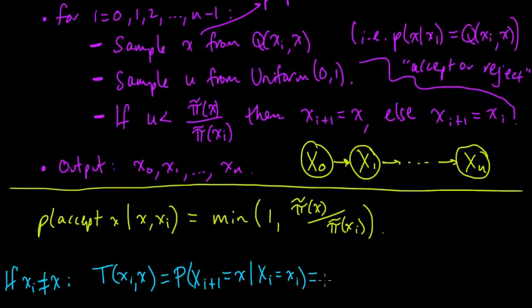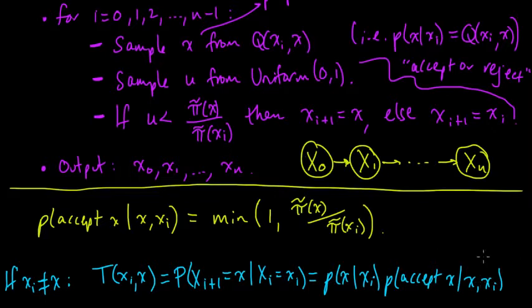So the probability of this is the probability of sampling x from the proposal distribution, which I'll write using this notation, p(x | xi), times the probability of accepting x, given that we chose x as a proposal and that we had xi in the previous step. We computed this probability of accepting here, and this is just q(xi, x).